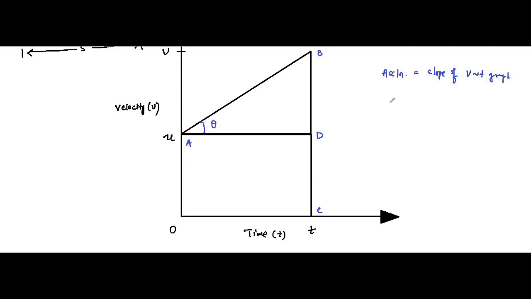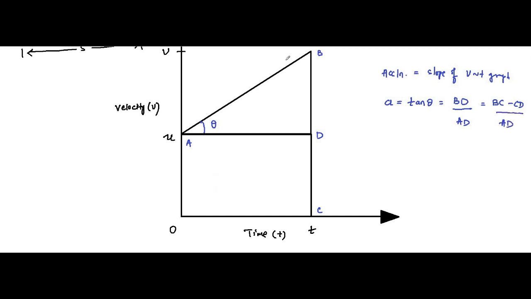So here acceleration a is equal to tan theta, which is equal to perpendicular by base, which is equal to BD by AD. So here BD is equal to BC minus CD, by AD.